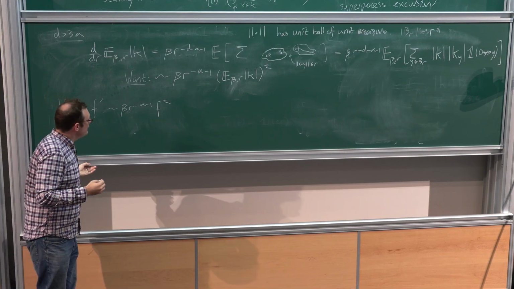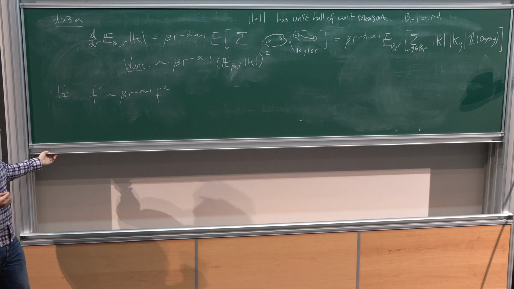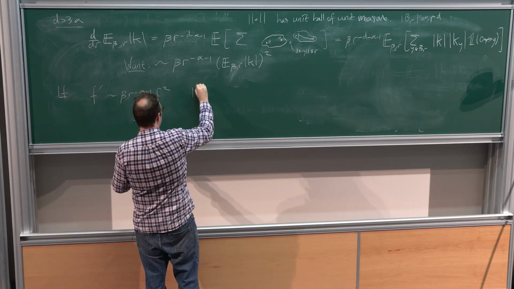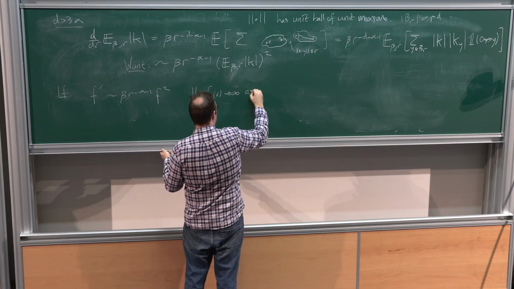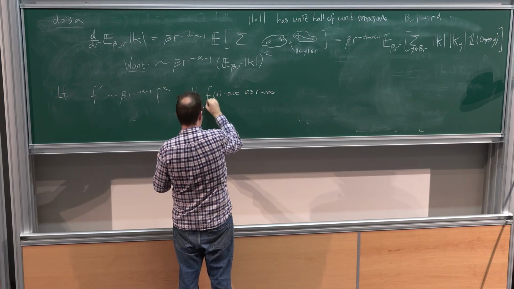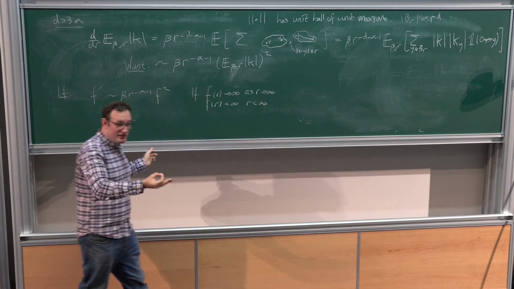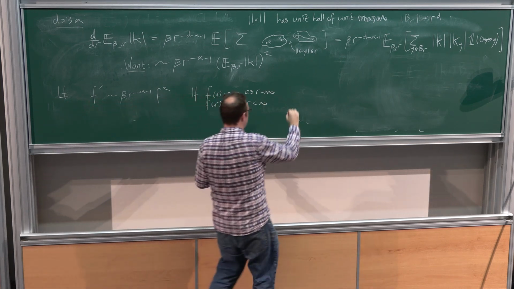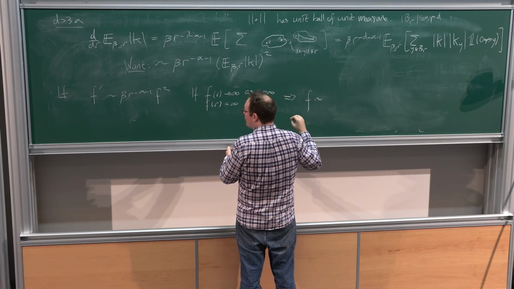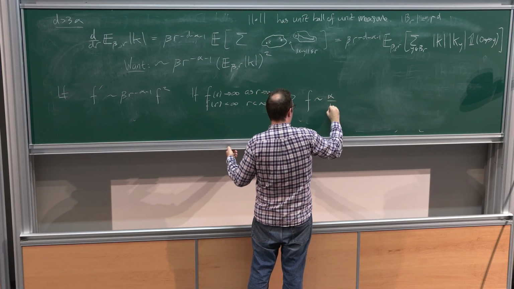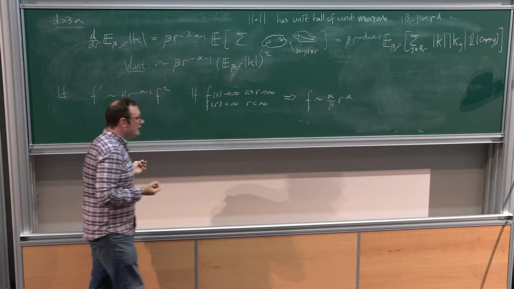Okay. Then, in fact, if f of r tends to infinity as r tends to infinity, but it's also finite, it blows up at infinity, but not before. This actually forces, in this case, that f is asymptotic to alpha over beta times r to the alpha.